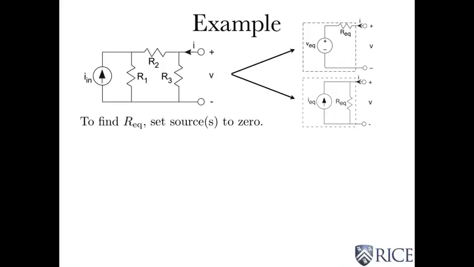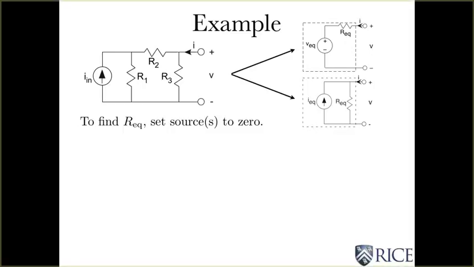The first thing we can do is set all the sources to 0. If you set the voltage source to 0 in the Thevenin equivalent, it's a short circuit, and what you see from the terminals is just that resistor. If you set the current source to 0, that's the same as opening it up, and then again you also see REQ.